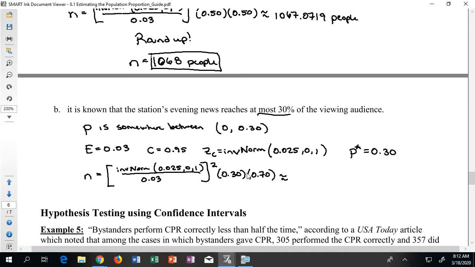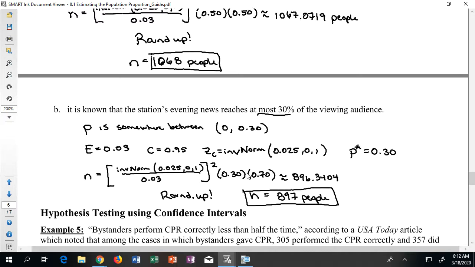I ended up with the following when I actually crunched this out, 896.3404. So I need to make sure that I round up. And so my actual value of N should be 897 people.